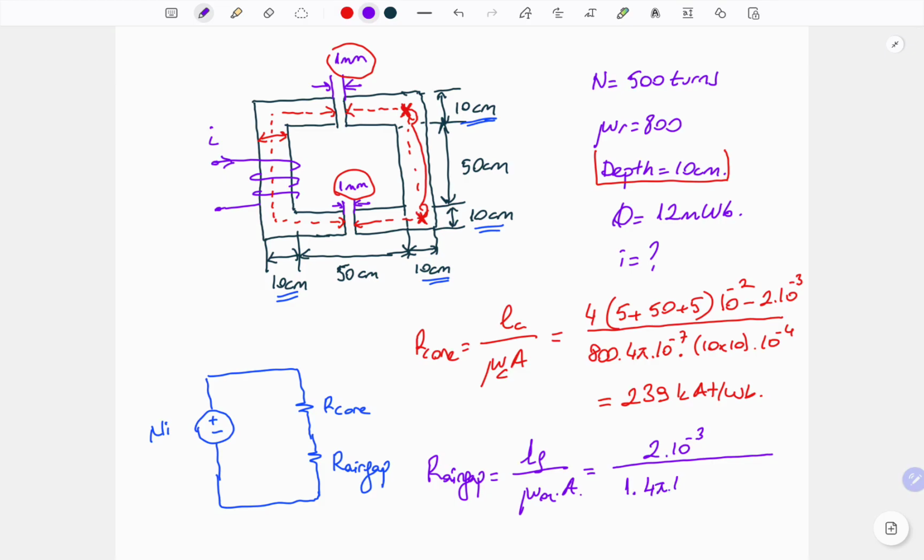And the mu 0 again will be 4 pi 10 to the minus 7. And we have the same cross-sectional area according to this figure. 10 times 10 must be converted to meter square. So we have 159 kiloampere turn over Weber as the air gap reluctance.